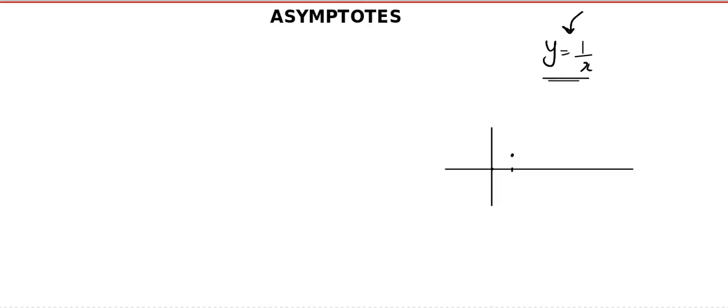So the graph was at infinity and it crashed down to 1 when it moved from 0 to 1. If you plug in 2, it will be 1 by 2. If you plug in 3, it will be 1 by 3. And look, the height of the graph keeps on decreasing.